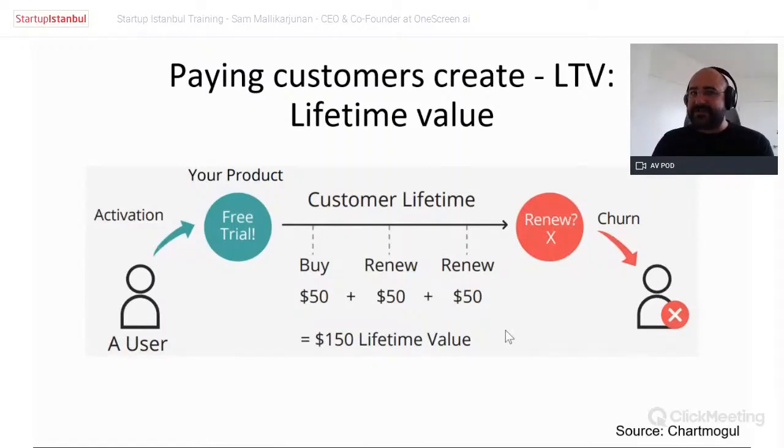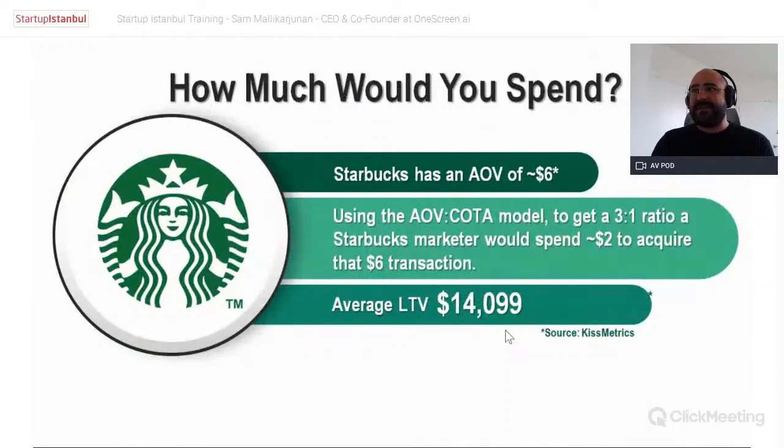But it's not just restricted to subscription models. For example, Starbucks, a global brand that started here in the United States, has an average order value of about $6. If you were going to use the average order value as how much you wanted to spend on sales and marketing, you might only say that you were going to spend $2 to sell a $6 coffee and sandwich combo.